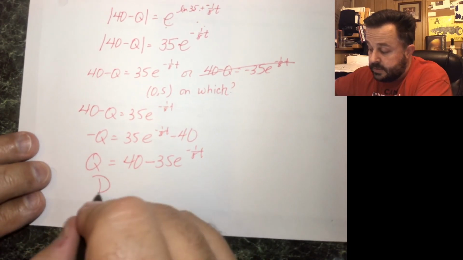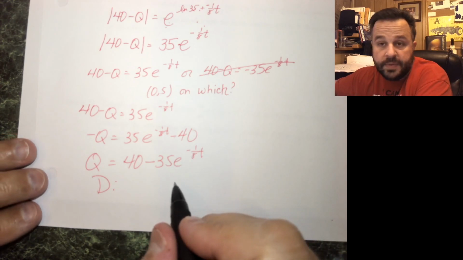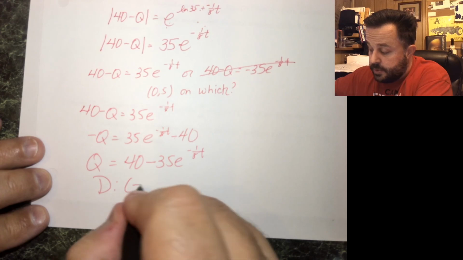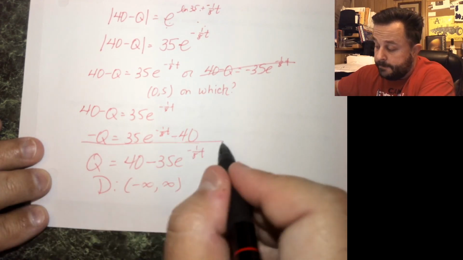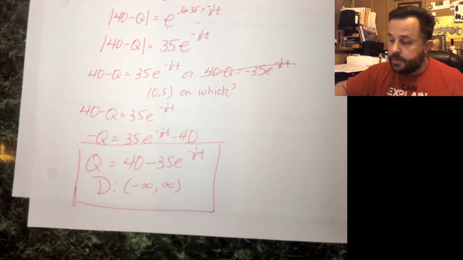And the domain, well, since the only variable over here, t, is in the power of e, the domain of the exponential function is all real numbers, so our domain is going to be negative infinity to infinity. Okay, and that's example number 26.